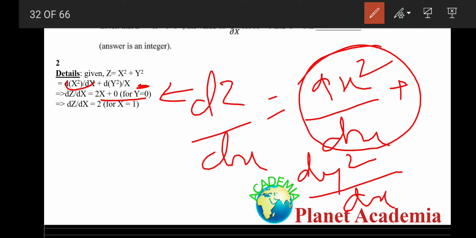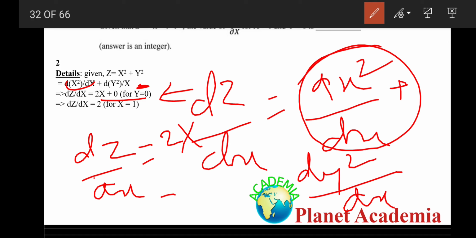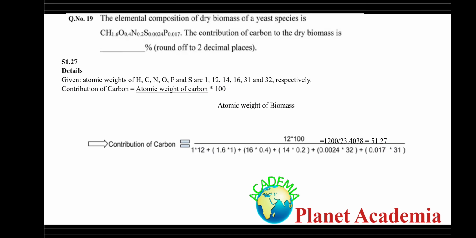Now if x equals 1, dz by dx equals 2x, so it is 2. Answer. Okay, now the next question.